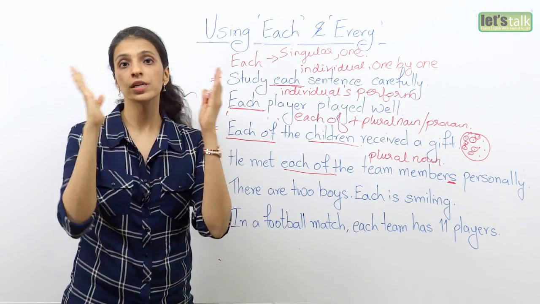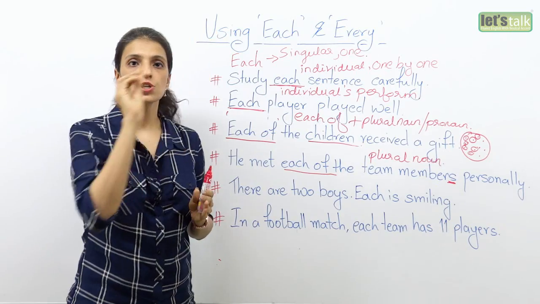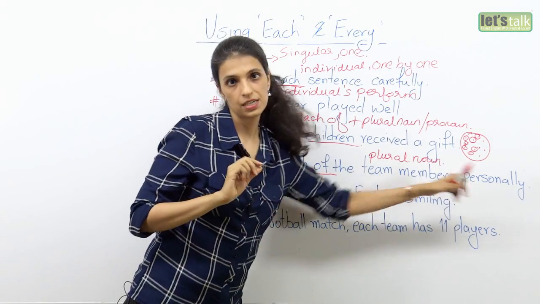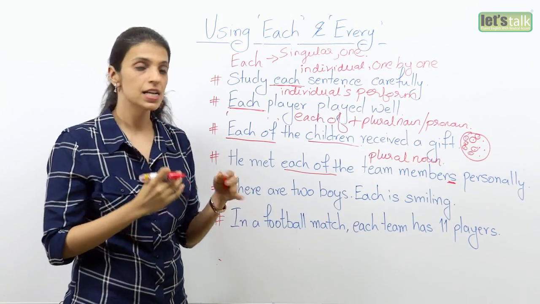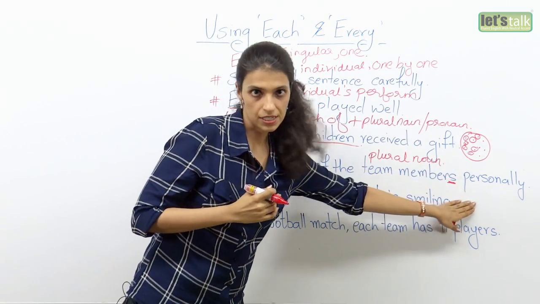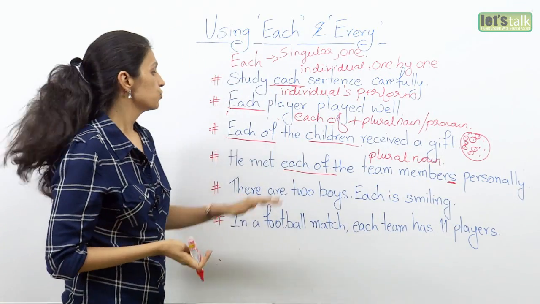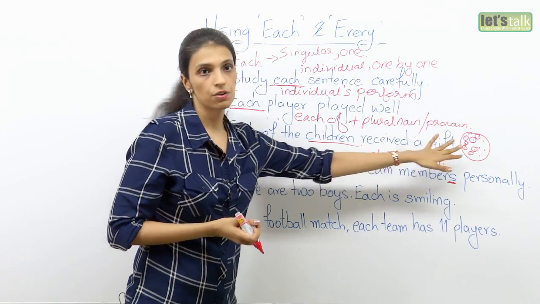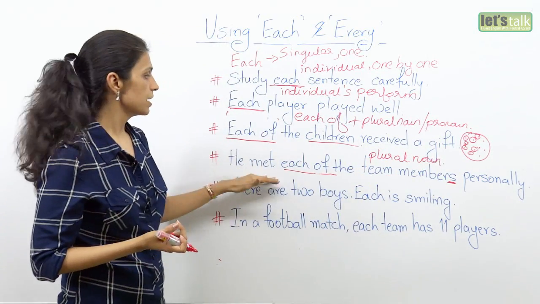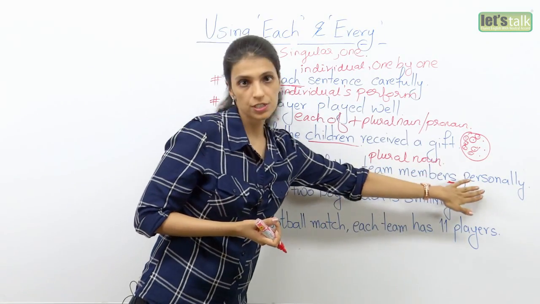Okay, because there's so many team members. So you're saying each of them personally. Alright, so out of many, each of them. So one by one he met each of them personally. So do remember this. You can use each of followed by a plural noun or a pronoun. I can also say he met each of them personally.